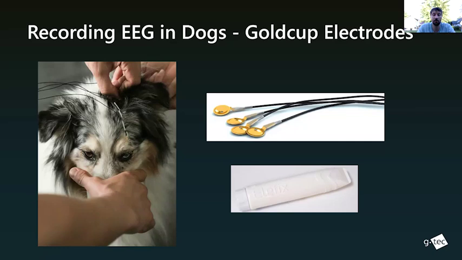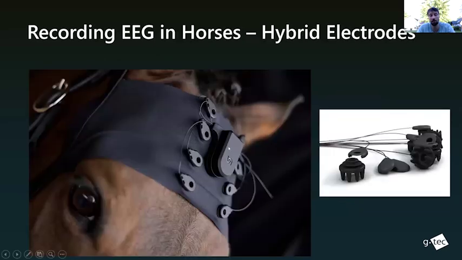So we have this for the dogs, and for the horses we have a similar setup. In this case, we have an 8-channel device with, again, hybrid electrodes. I will show you here on my table. It's just a very simple cap with a strap that you mount on top of the scalp of the horse.